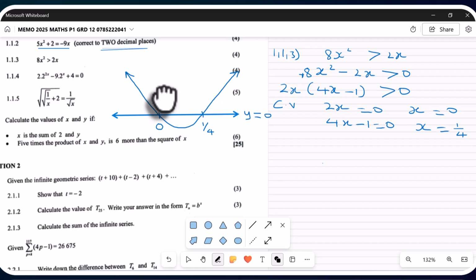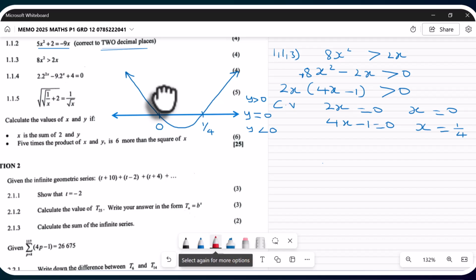Now if you look at our given question, what are they talking about? They're saying it must be bigger than 0. In other words, look at the parabola, don't climb here. Look at this parabola and find out which portion is above the x-axis.